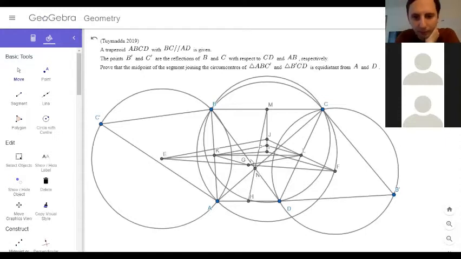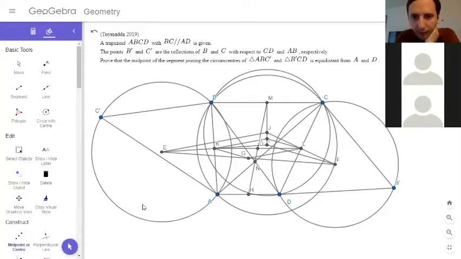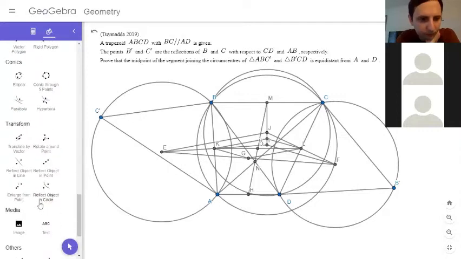So, okay, let me draw that midpoint. If I reflect A across O, so I guess it's kind of like, we want to show PA prime equals PD prime.